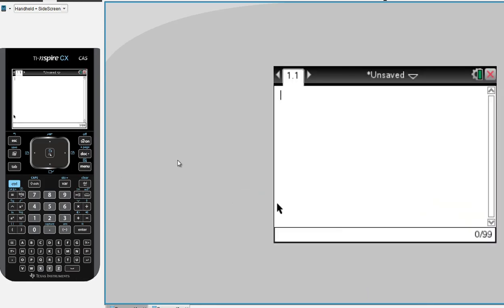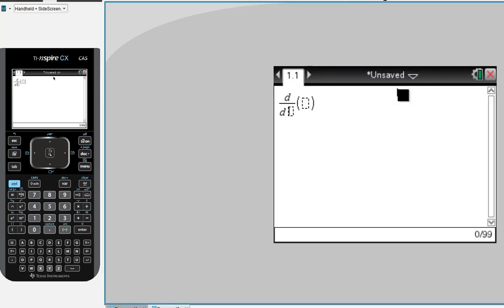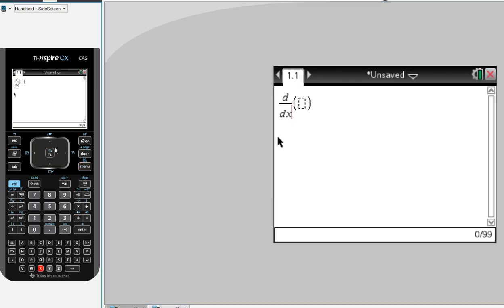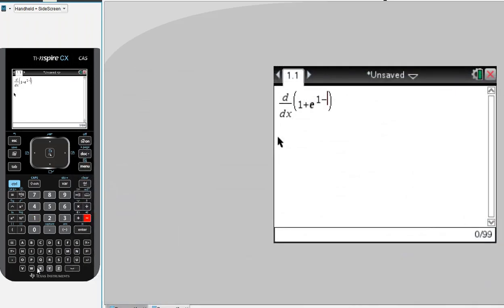On a calculator page, in menu, calculus, derivative, the variable is x and the function is 1 plus e to the power of 1 minus x. Okay, that's the answer. So the derivative for all x values is minus e to the power of 1 minus x.